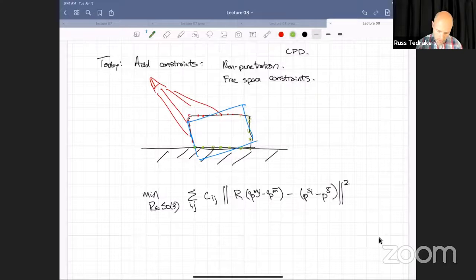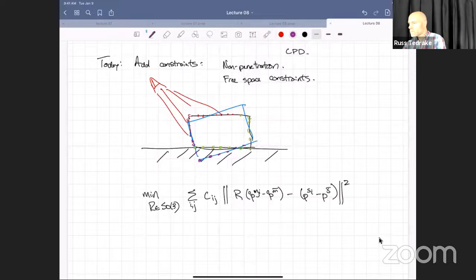So in this solution that we don't like, the rotation matrix, the transform in its totality, somehow put the model points into a place that we don't like. So you could imagine writing a constraint directly on the model points.